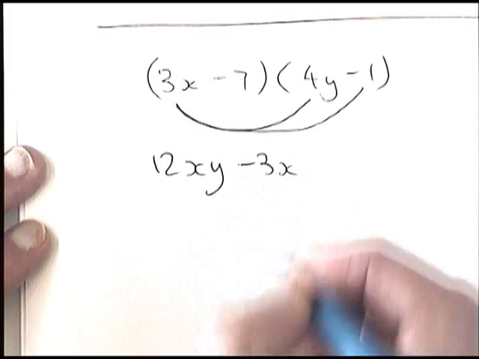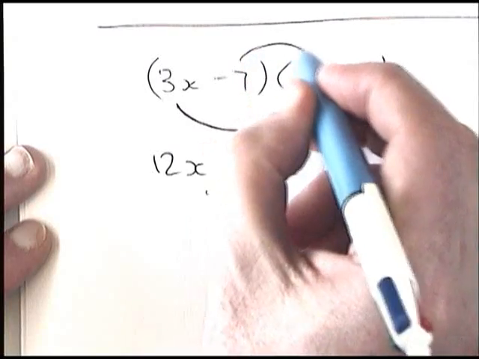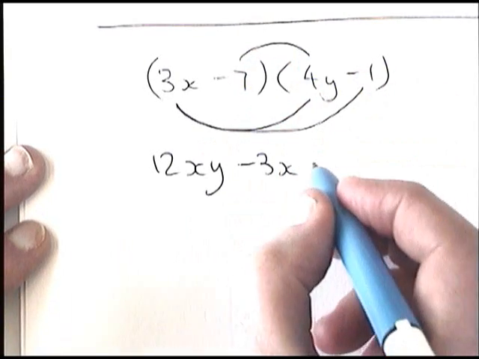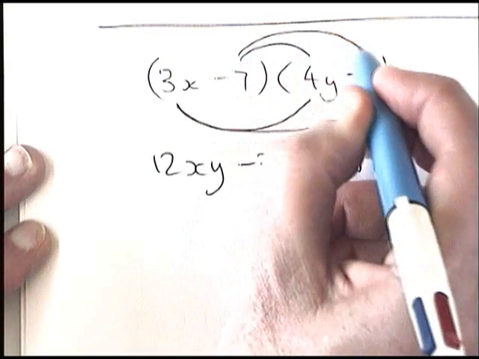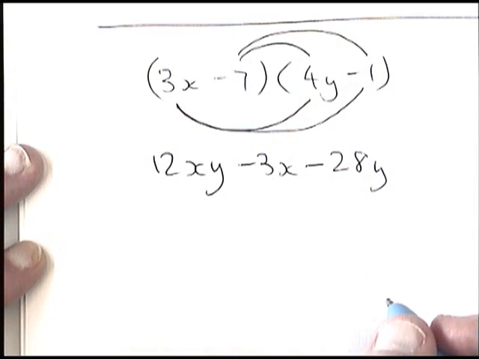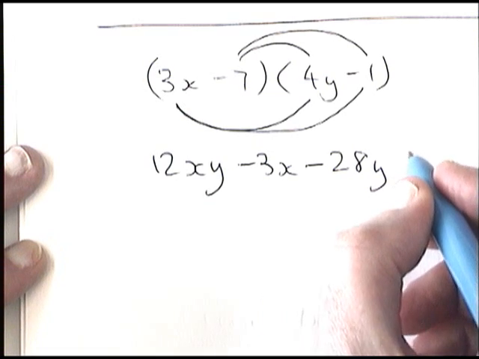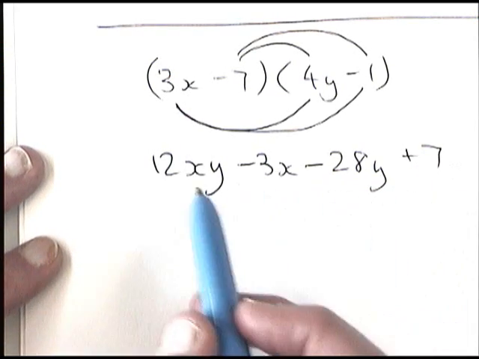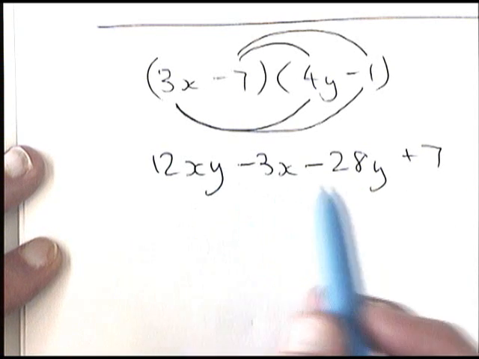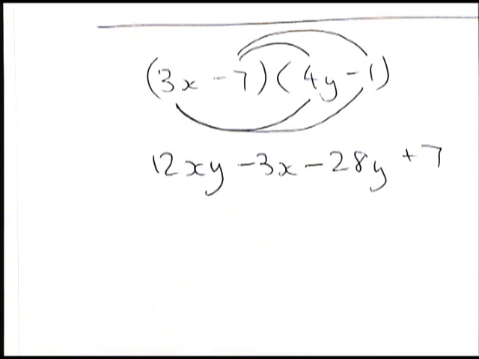It's minus 3x. The -7 has to be times by the 4y. That's minus 28y. The -7 has to be times by the -1. The minus times a minus makes a plus. That's plus 7. In this one you can't combine these bits together because that's xy's, that's x's, that's y's, that's numbers. So you can't actually combine any of those bits together.